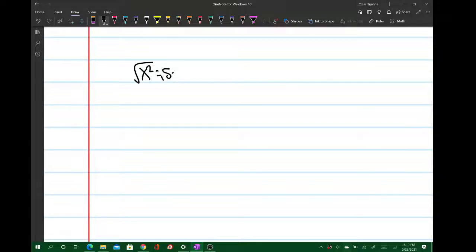That way you can just take the square root and say x equals plus or minus square root 5. So x equals square root 5 and x equals negative square root 5, right?